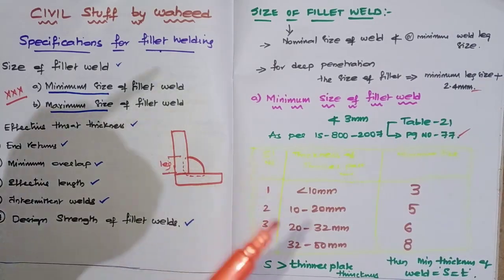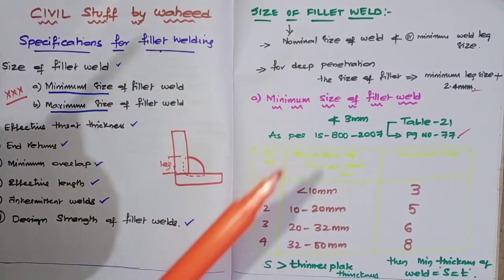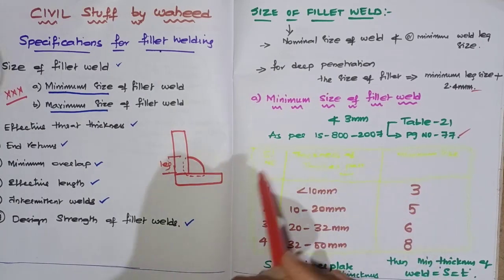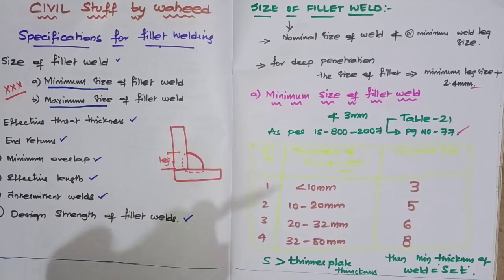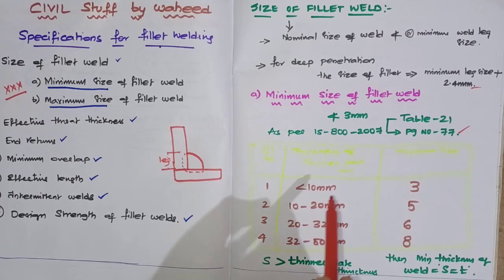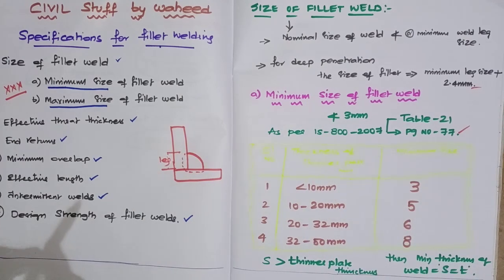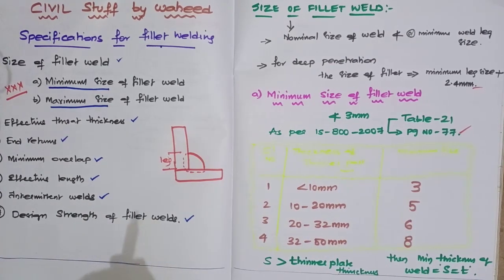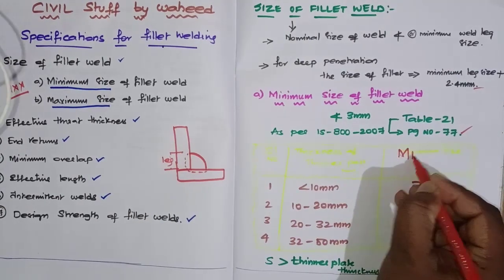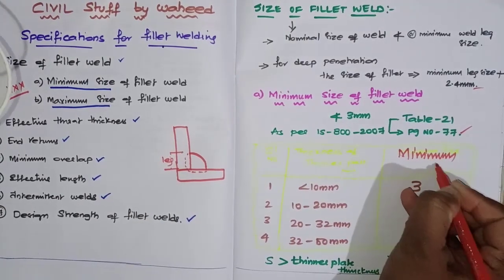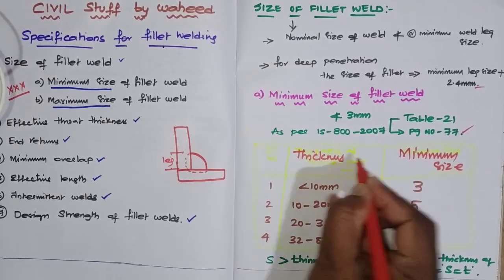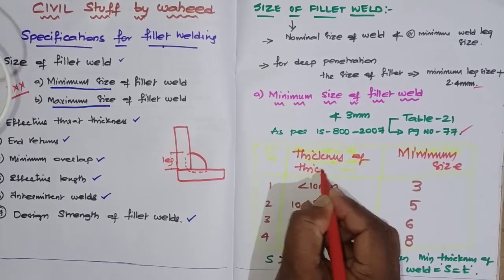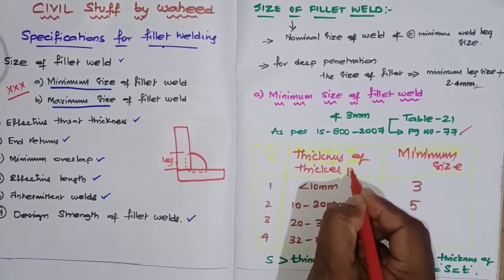Please do check your IS 800 2007 even though I am giving the values here, because I may sometimes get them wrong. Based on the table, they have given the minimum size against the thickness of the thicker part or plate.